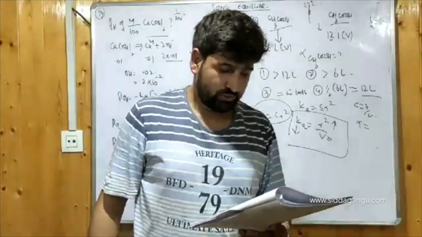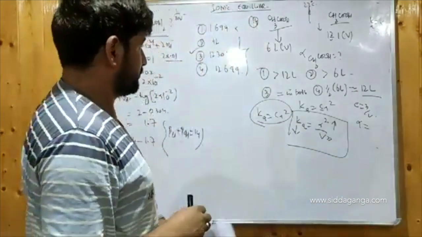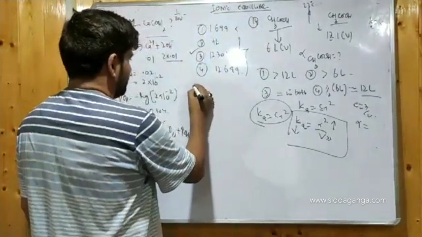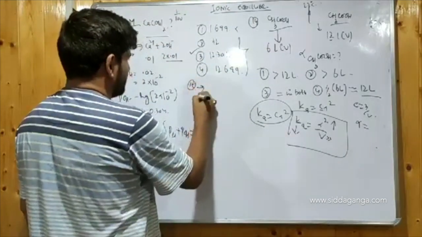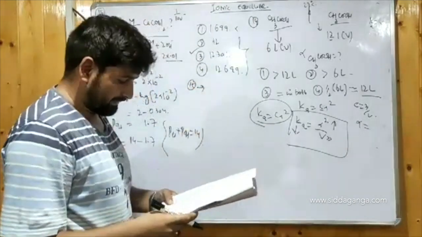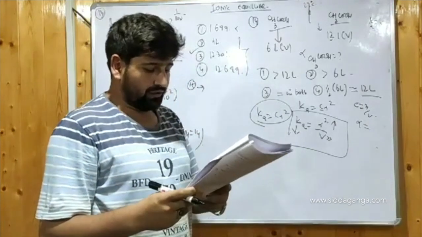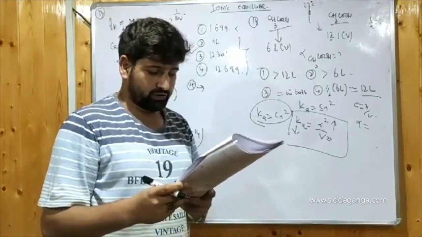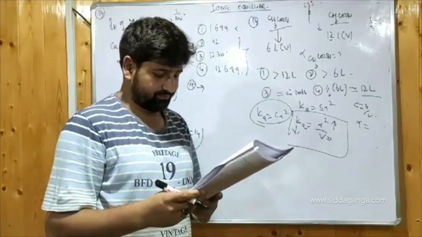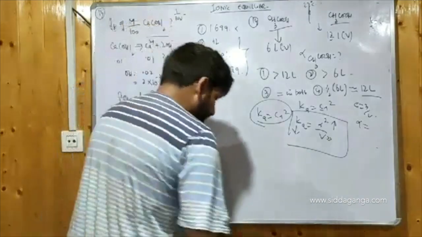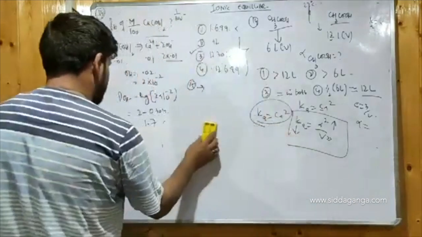Next question, number 15 or 16. So you can see the order. What is the question asking you? When a small amount of HCl is added to a buffer solution of acetic acid and sodium acetate. Let us solve this, children.